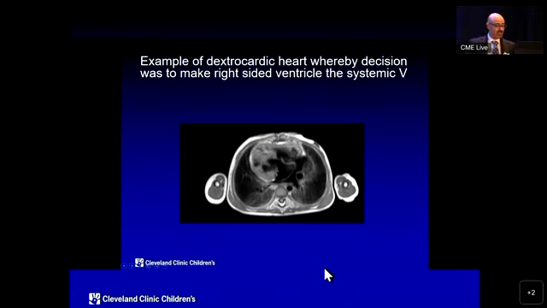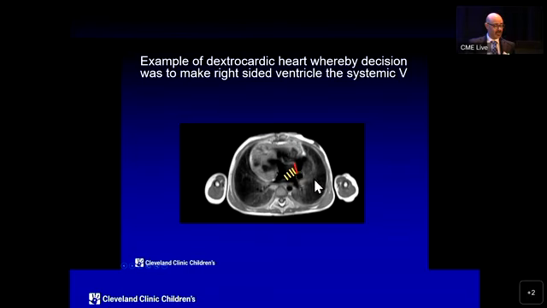So the way to tackle this, if we want to make the pulmonary veins drain to the right side and the systemic veins to the left side, is taking down this part of the atrial septum, reconstructing this part of the atrial septum such that it connects this way.